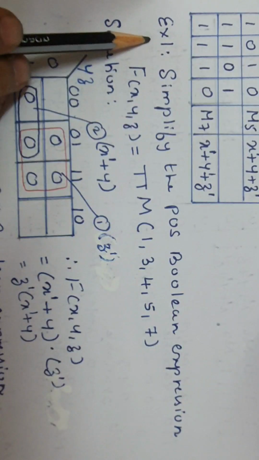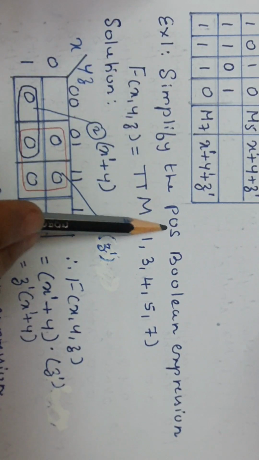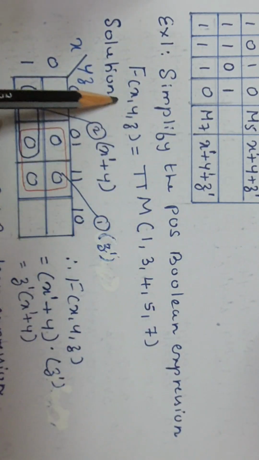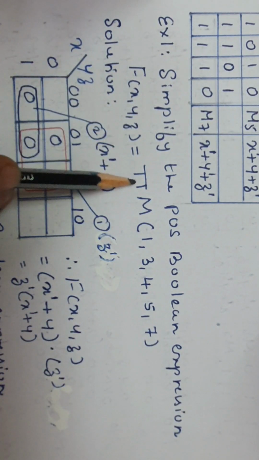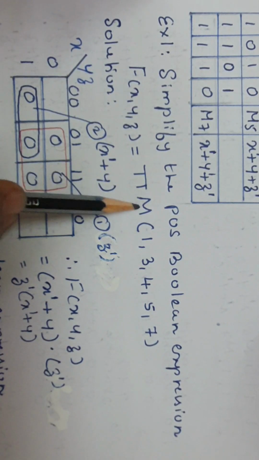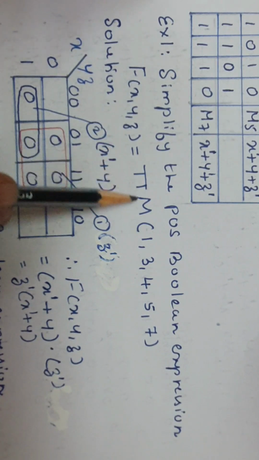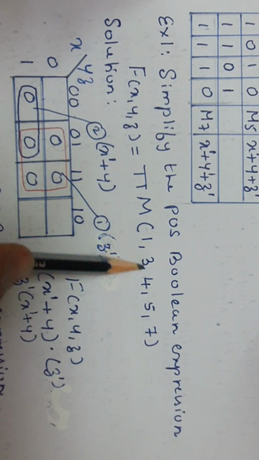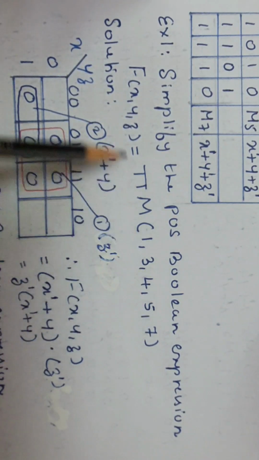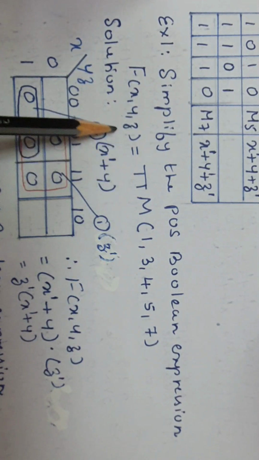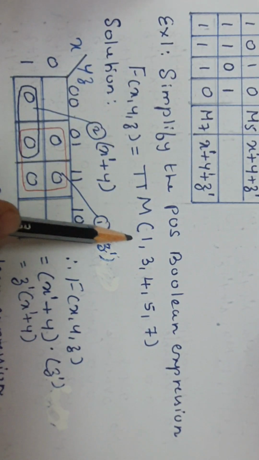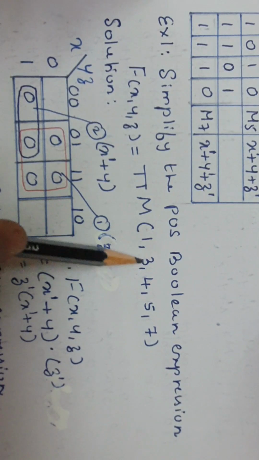Example 1: simplify the POS Boolean expression f of x y z is equal to this product of max terms. This is the product symbol, this is the max terms symbol. So in the bracket 1, 3, 4, 5, 7 means the Boolean expression is given in the form of product of sums. This we have to simplify using K-map.